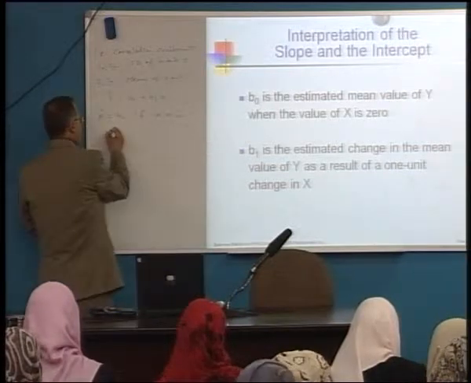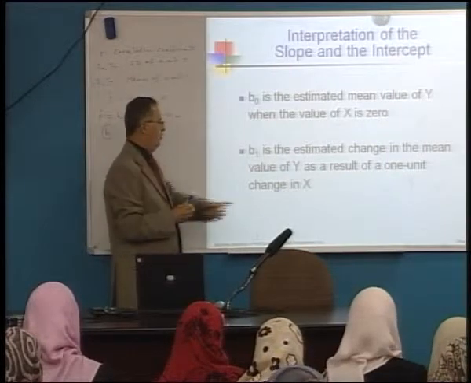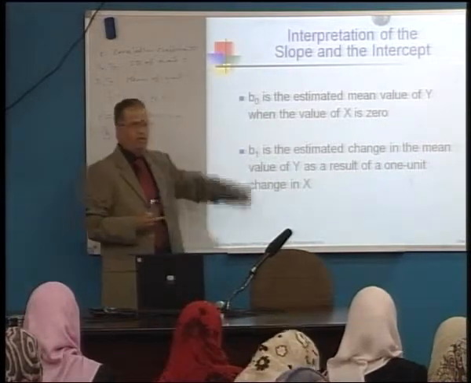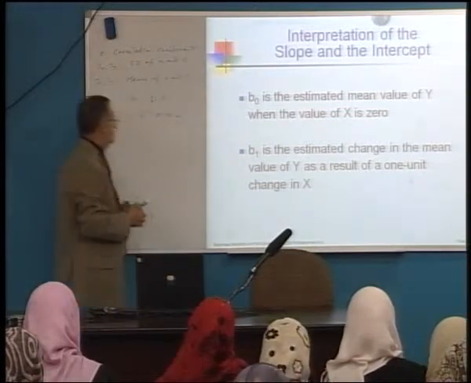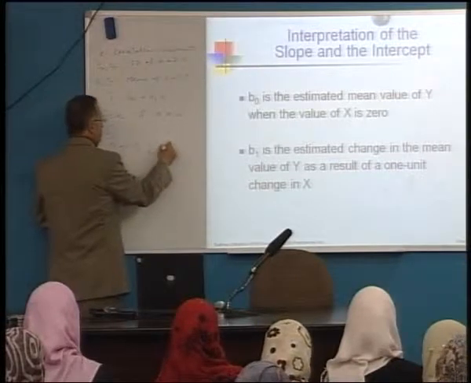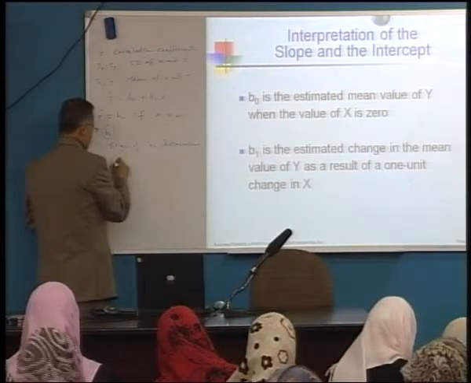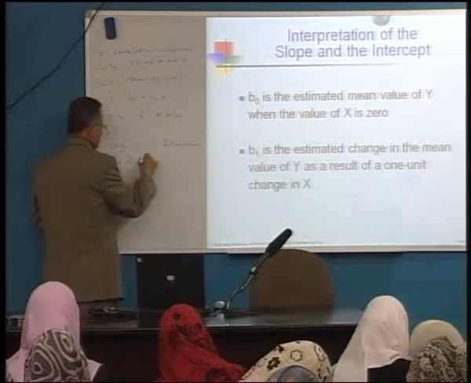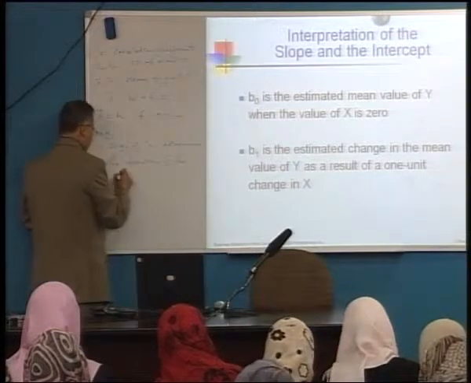B1 is called the estimated change in the mean value of y as a result of a 1 unit change in x. That means the sign of b1 determines the direction of the relationship between x and y.